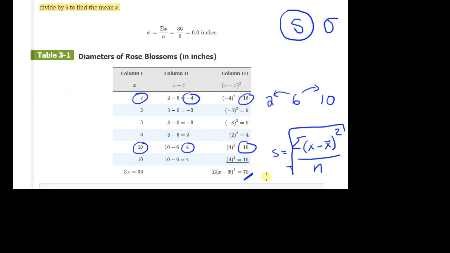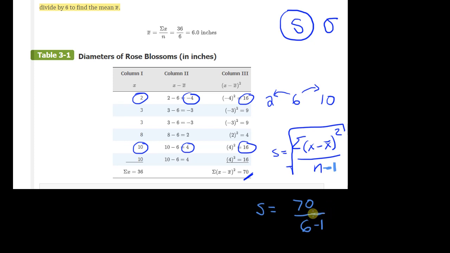So in this example, if you were to find S, you would finish this problem by saying, okay, well, S equals the sum, which is 70. The sample size is 6. Oh, that's right. We also have a term that makes this basically non-biased. So this is minus 1.